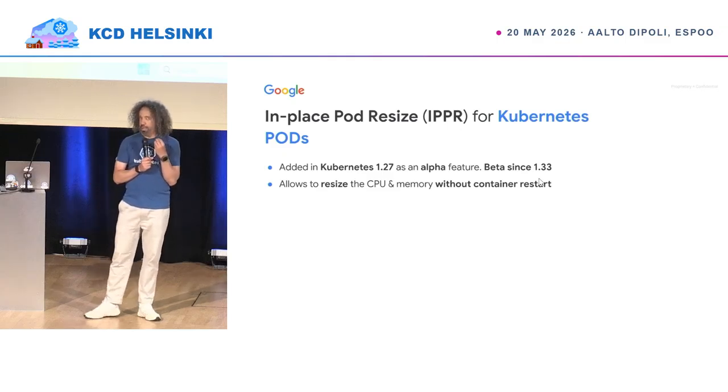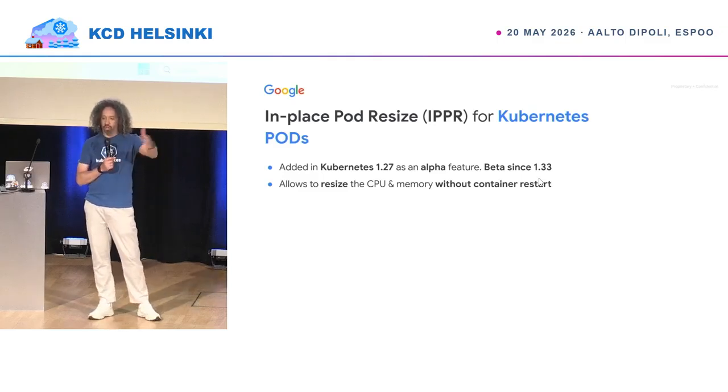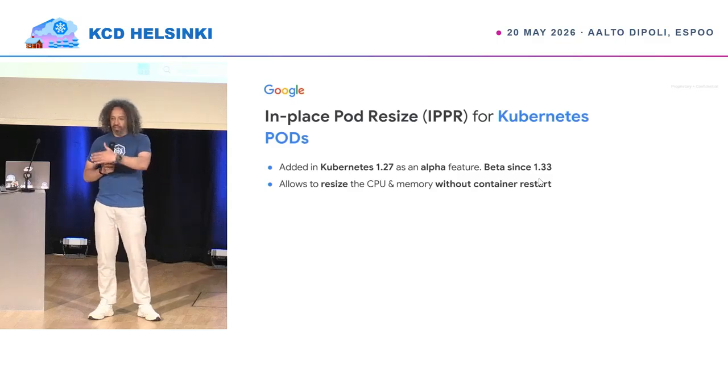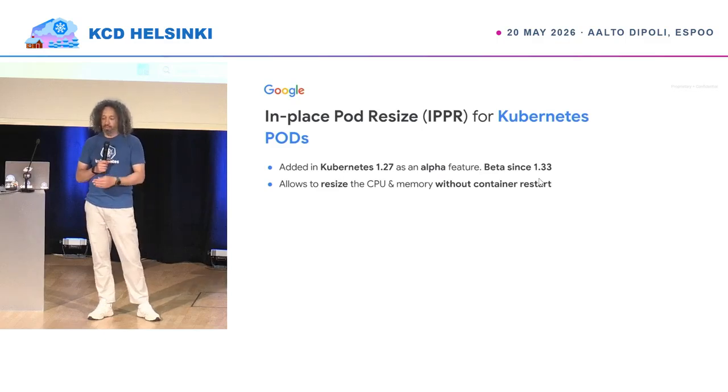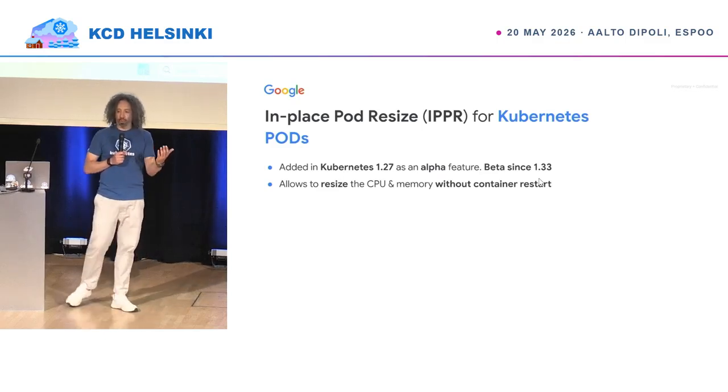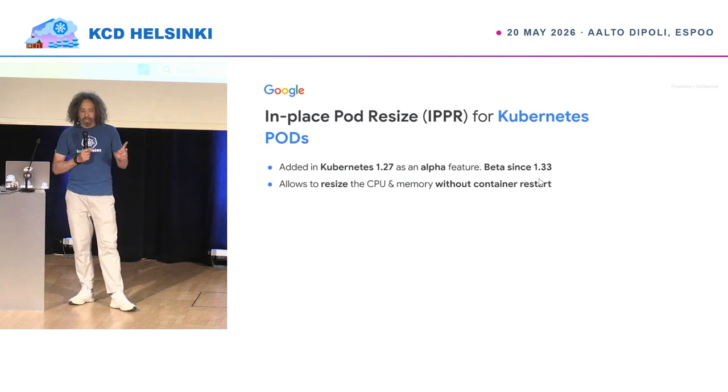In-Place Pod Resize allows you to live change resource requests and limits. Can I change up and down? You can increase CPU and memory, on both requests and limits. You can decrease CPU, but you cannot decrease memory because you don't know which pages of memory are being used. So technically you can scale up, but you should be very careful when scaling down.